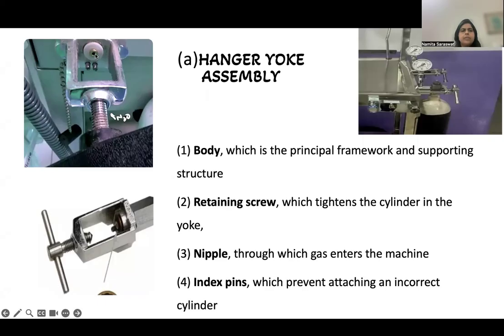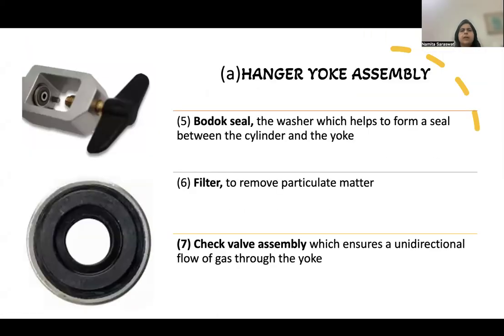And the nipple, you can see here this is the opening. This is called the nipple, from where the oxygen or any other anesthetic gas will enter from the cylinder to the machine. Then the index pins. These are the pins, and the corresponding holes are seen in the cylinders. Woodlock seal: here you can see this is a nipple and surrounding the nipple there is a washer which is known as the Woodlock seal.